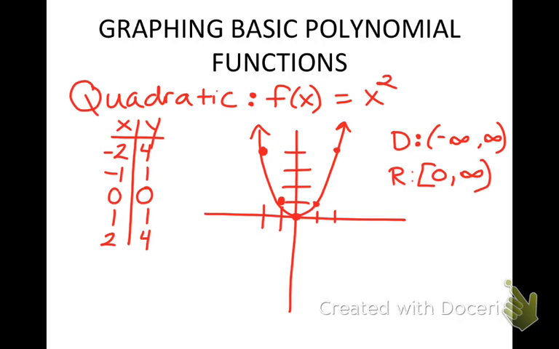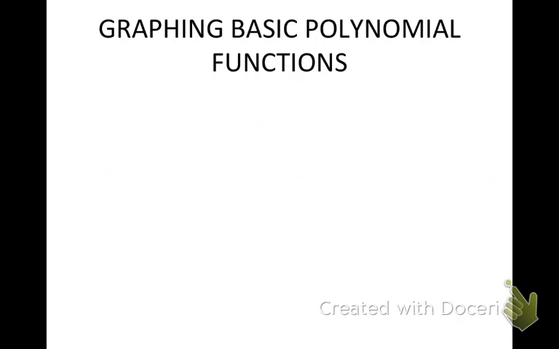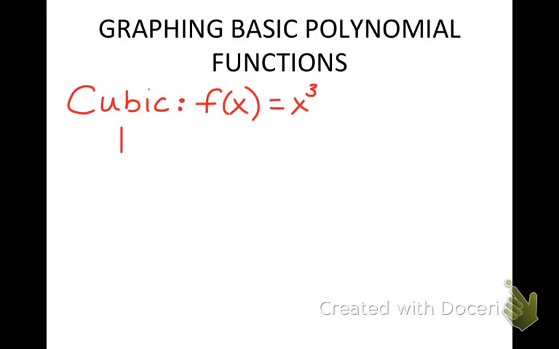You guys know what a cubic graph looks like? An S, swervy, like a kind of weird S. All right, so cubic is going to have what exponent? Yep, so f of x is equal to x to the third. Let's again make a quick t-chart so we know that we get precise numbers.